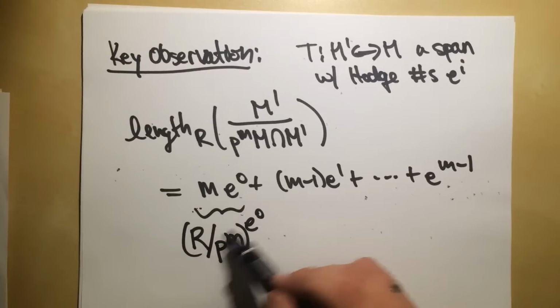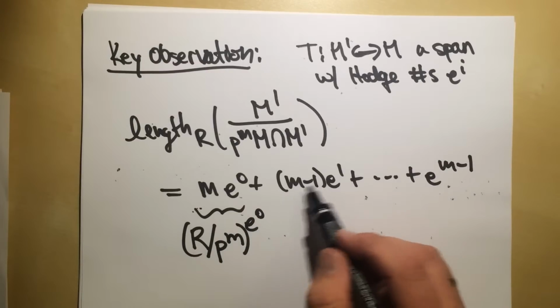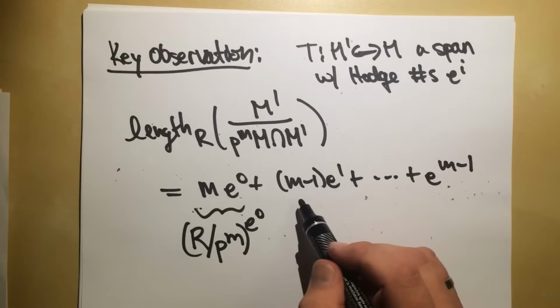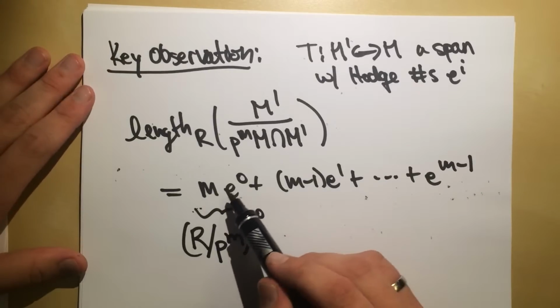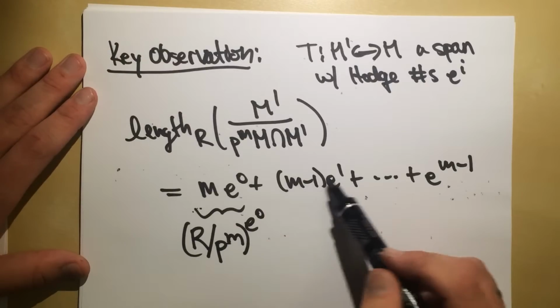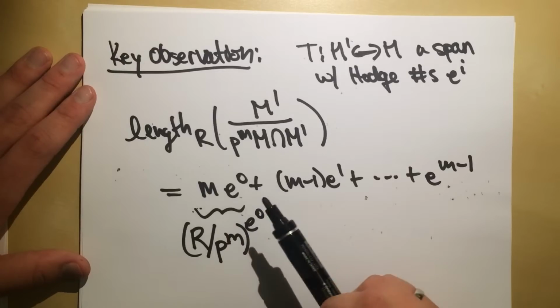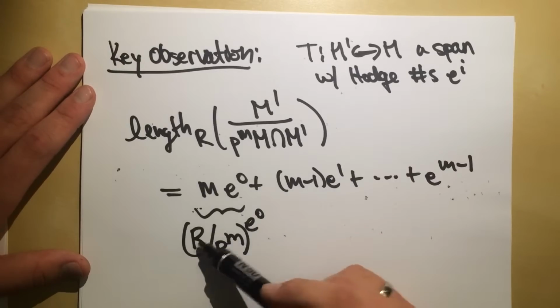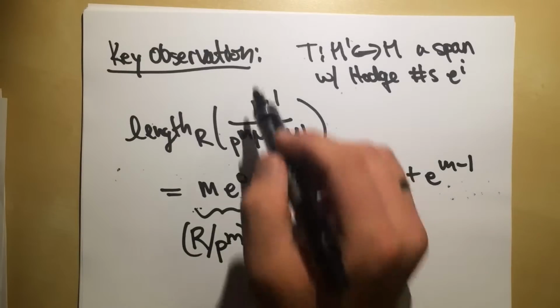Then here you're going to have R to the p minus 1, and so on. This is what each of these factors means. The m corresponds to R to the p^m, and since it's e0 dimensional, you're going to have that many of them. Then you go on and do this for each of the pieces.